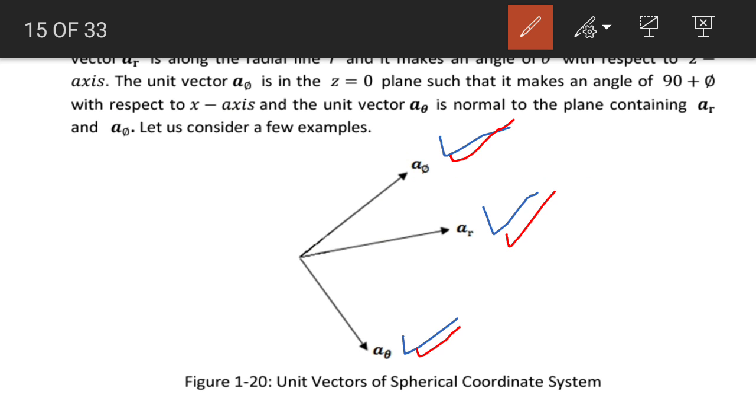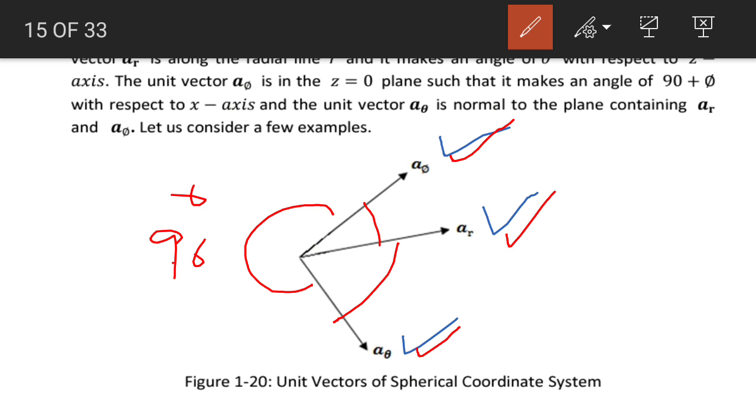These three unit vectors are mutually orthogonal. They are perpendicular to one another. They are normal to one another. There is an angle of 90 degrees between these two unit vectors, and there is an angle of 90 degrees between these two unit vectors, and there is an angle of 90 degrees between these two vectors.